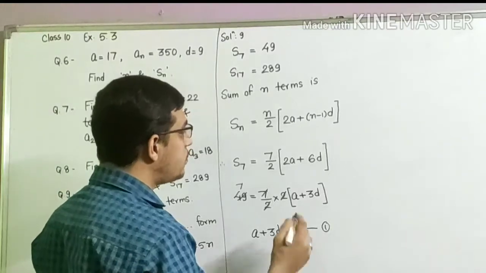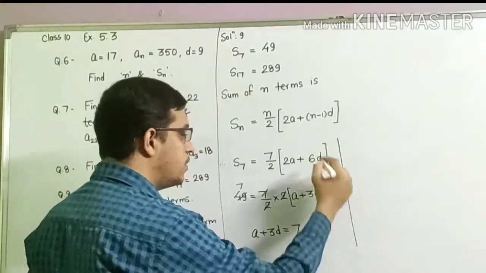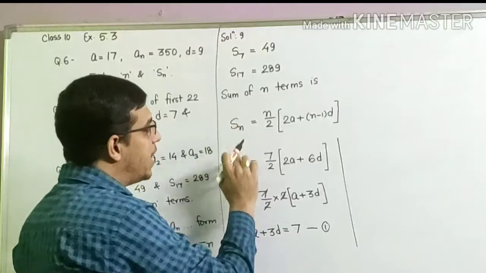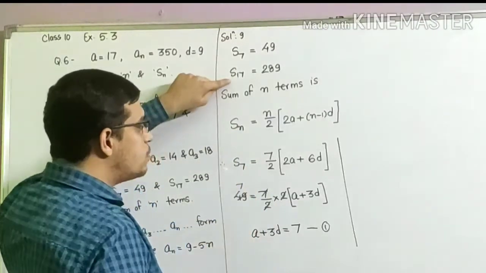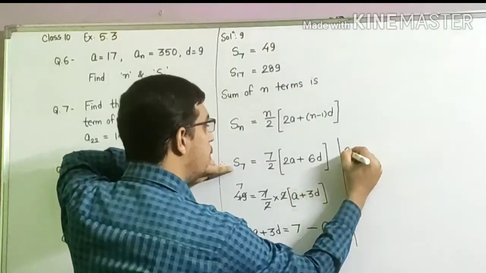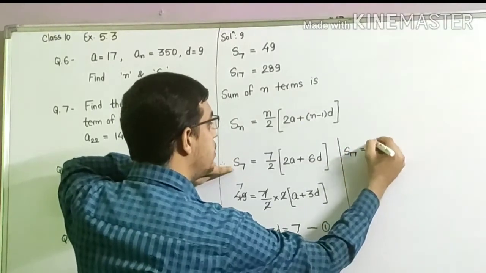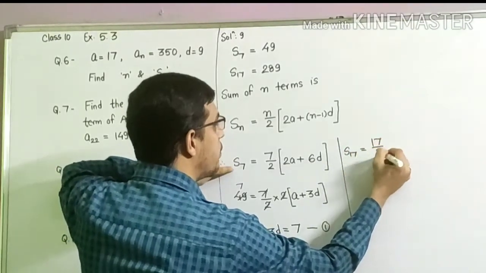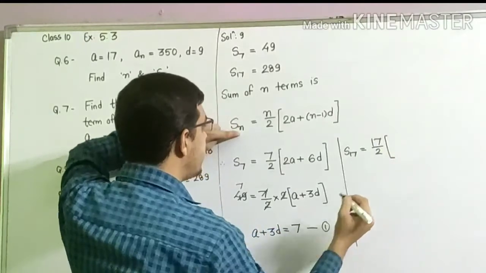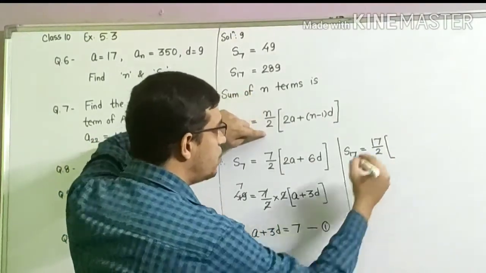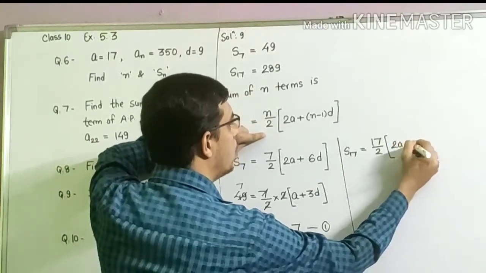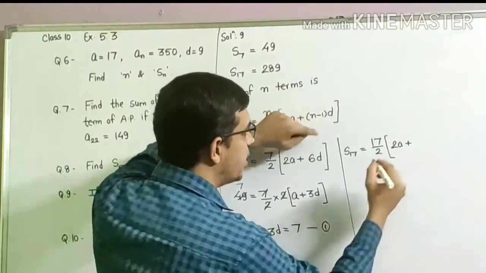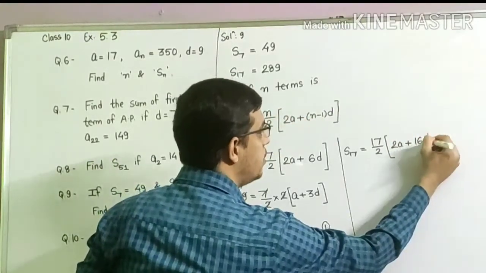Okay, again, like I wrote S7, S17 is also given. So similarly S17 is equal to 17 by 2 into 2a plus 17 minus 1, which will be 16d.